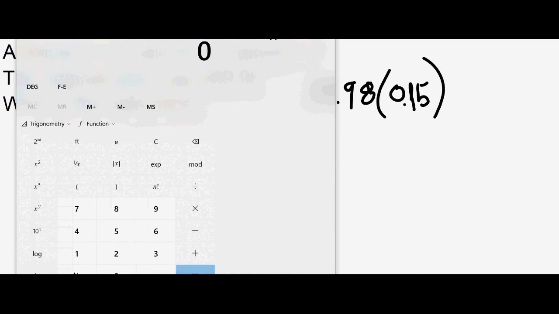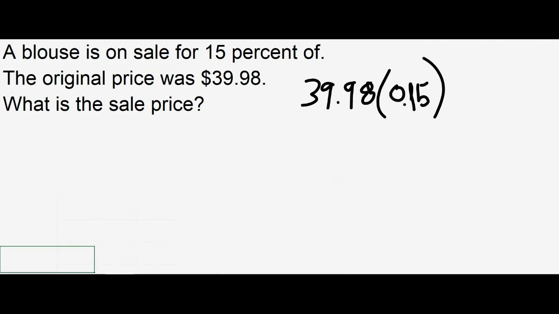It's easy enough. 0.15 times 39.98. And that will round off to $6, because we only use 2 decimal places, and the 7 is greater than 5. So that's 6.00. And then we subtract that from 39.98.